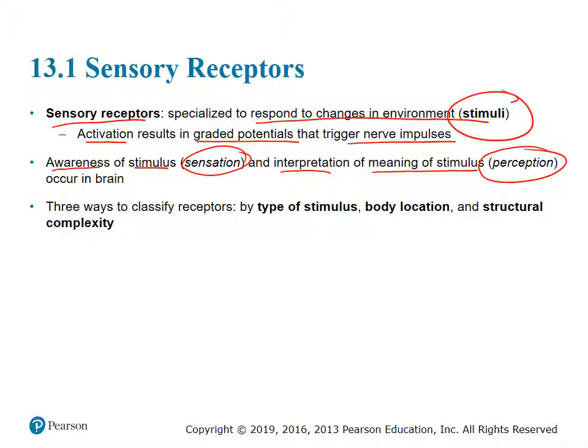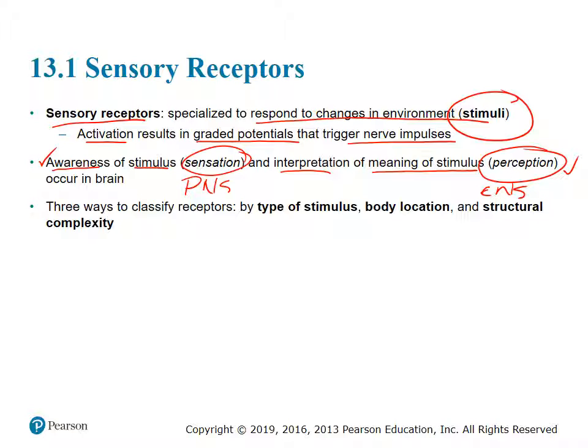So you have sensation and then you have perception. Sensation is done by the sensory neuron. Perception is done by the central nervous system. So this is PNS versus CNS.